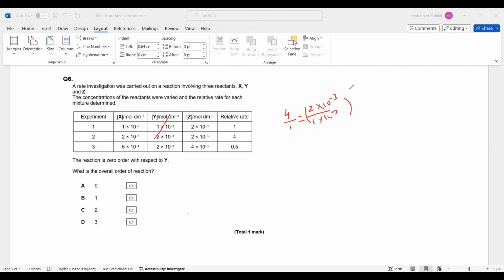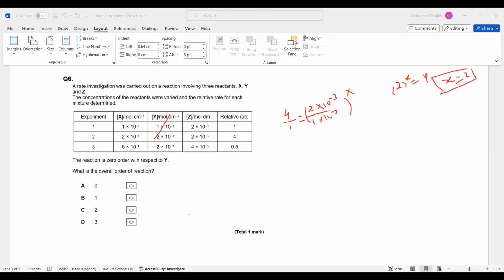Here, basically x. Don't forget that it is the concentration that we raise to the power. And therefore, basically, we have 2 to the power x equals 4. And therefore, x equals 2. Okay, so this is the first thing.